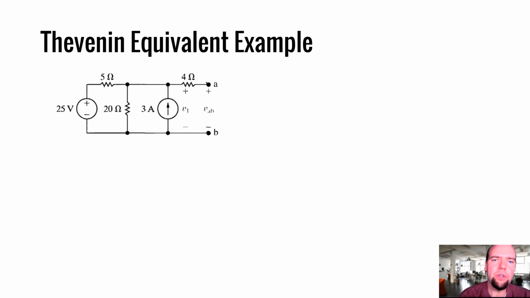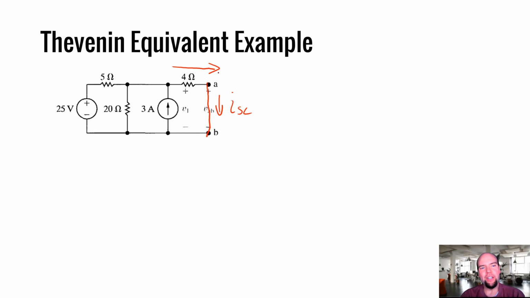Let's now short these terminals. And shorting these terminals, again, my question now is, what's this current? This is the short circuit current. So now I've got to find the current flowing through it. Now in this case, this current is the current through the 4 ohm resistor, right? The short circuit current is going to be the current flow here. How am I going to find that?